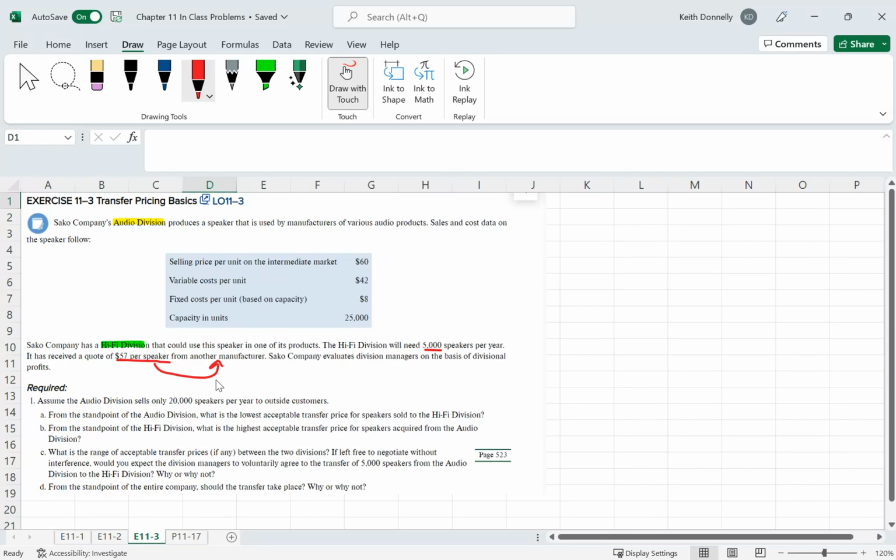Sacco Company evaluates division managers on the basis of divisional profits. So it says in this case, assume the audio division sells only 20,000 speakers per year to outside customers.